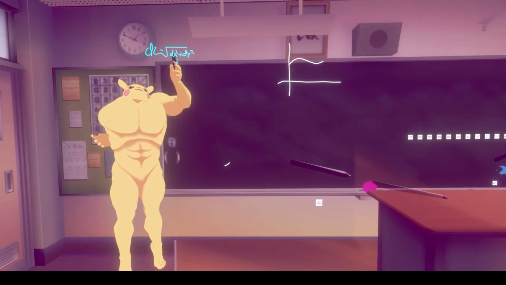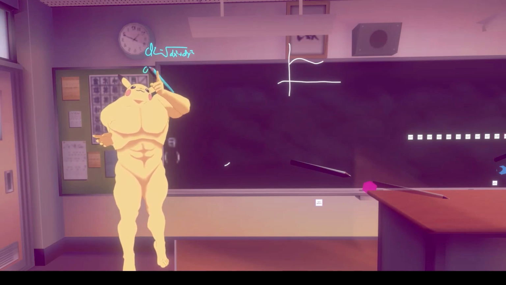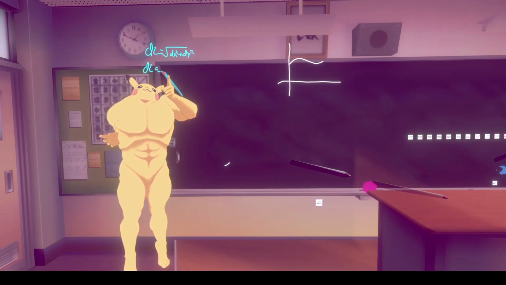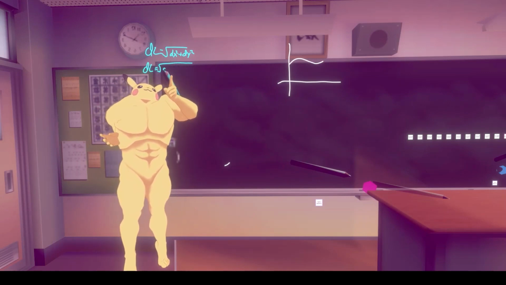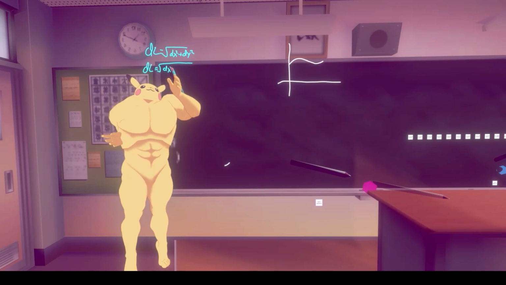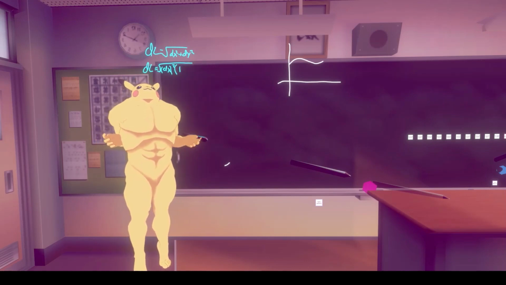Now, how do we take dx out of here? Well, let's try to factor it out first. dl is equal to the square root, factoring dx squared as a whole, and dx squared over dx squared is just going to give you 1. So that's going to be dx squared times 1. Then plus dy squared over dx squared.